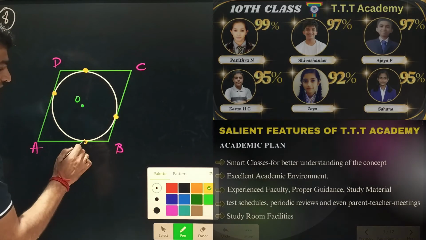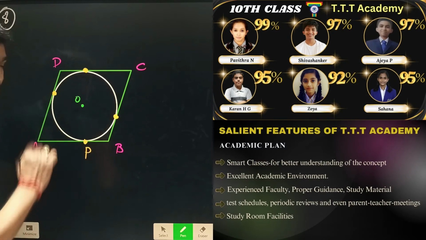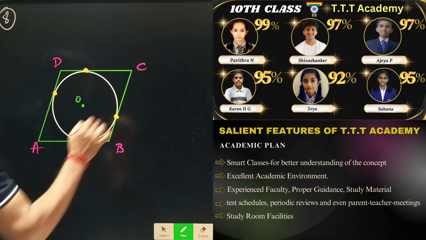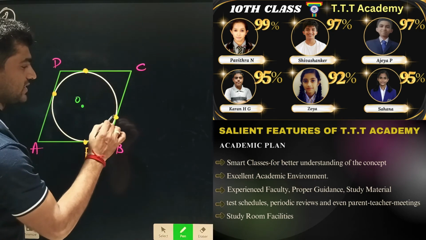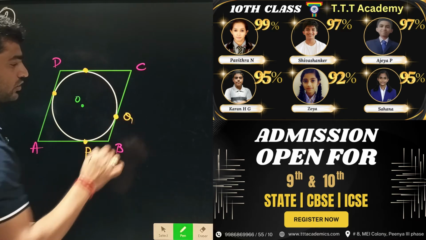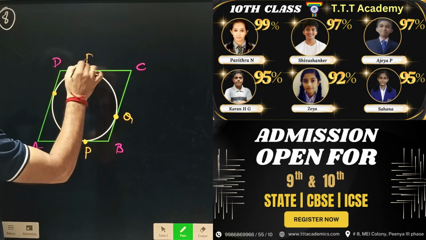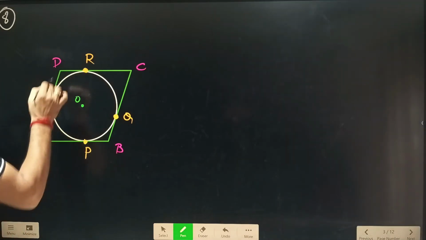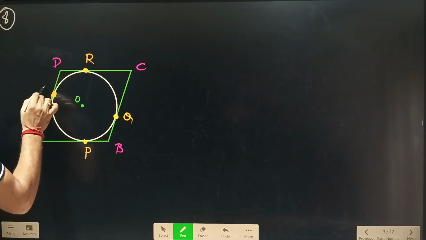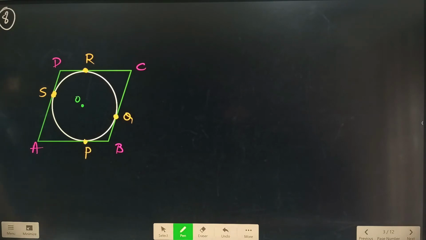If AB is a tangent and this is a point of contact, let's call it P. BC is also a tangent and this is a point of contact, let's take Q. Then CD is a tangent with point of contact R, and AD is also a tangent at a point of contact, this one.